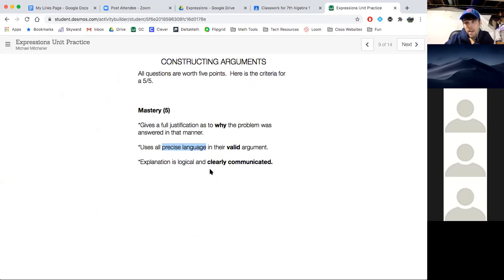Not for everything, this isn't a vocabulary test, but making sure we can use some of the right terms and that our explanation is logical, it makes sense, and it's clearly communicated. We're going to need to write more than like 2 words on these. We're going to need to write full sentences, a couple full sentences to answer these questions. I would recommend at least aiming for 2 sentences when you're doing them.